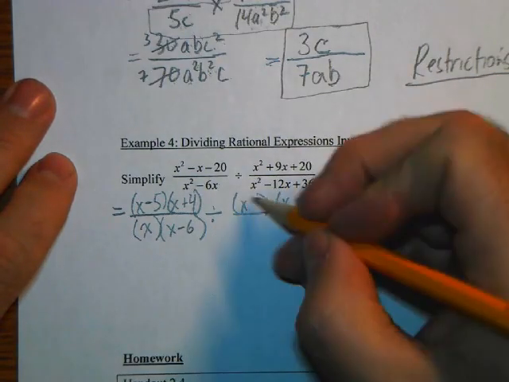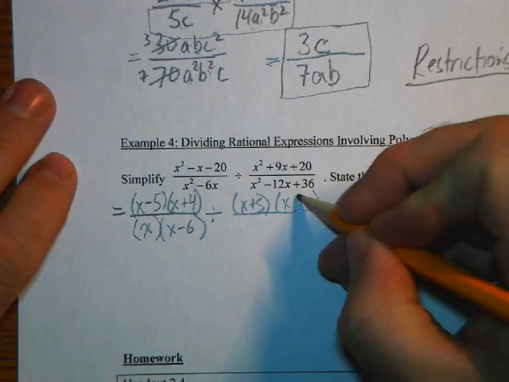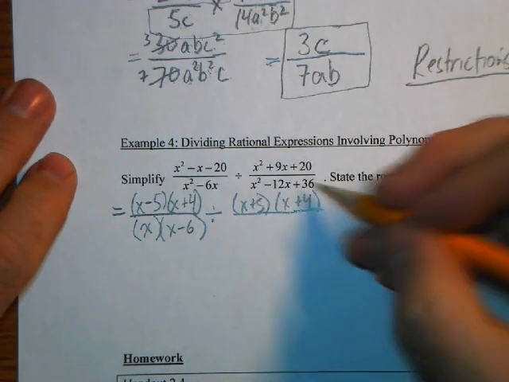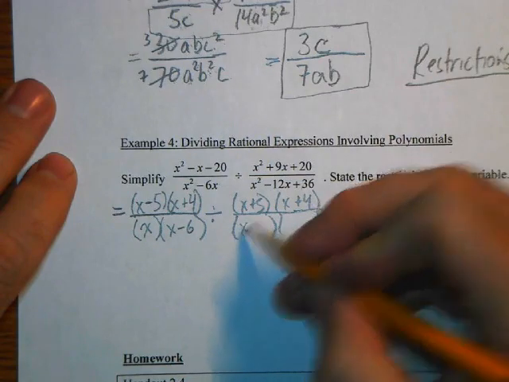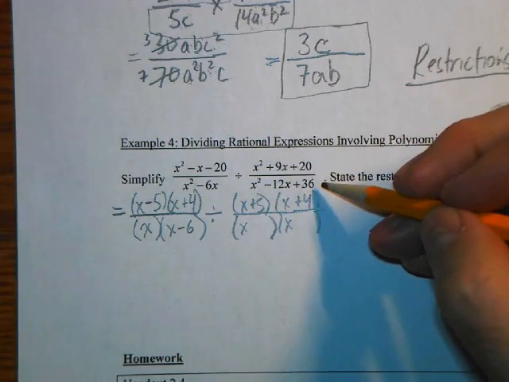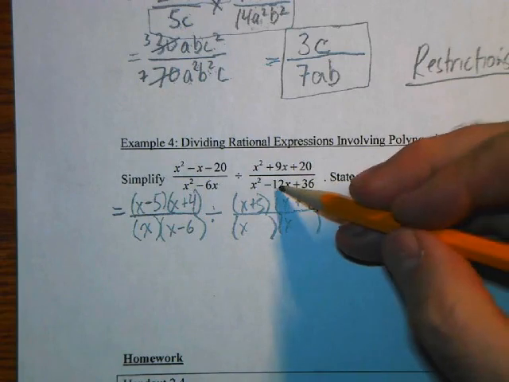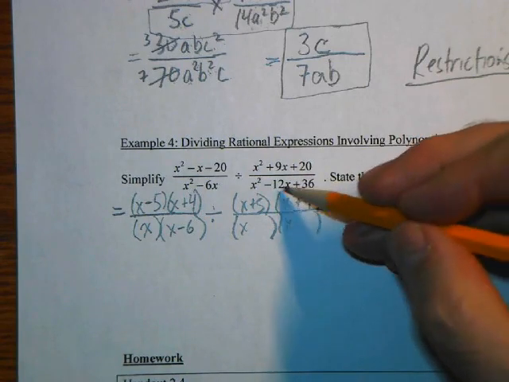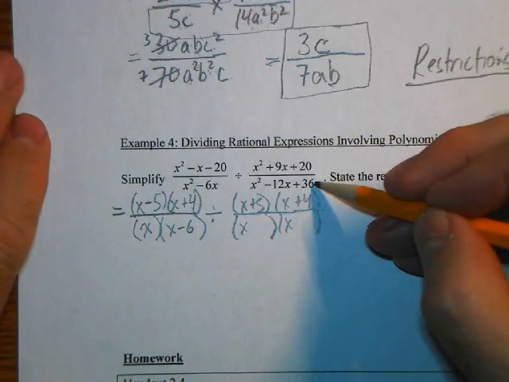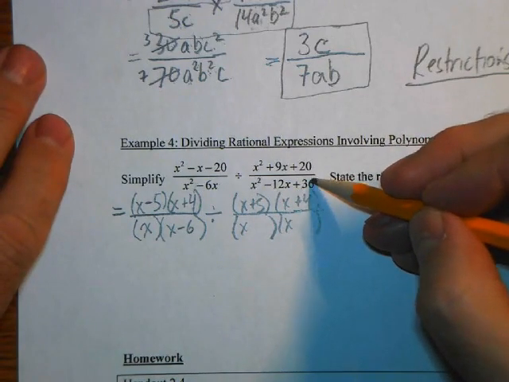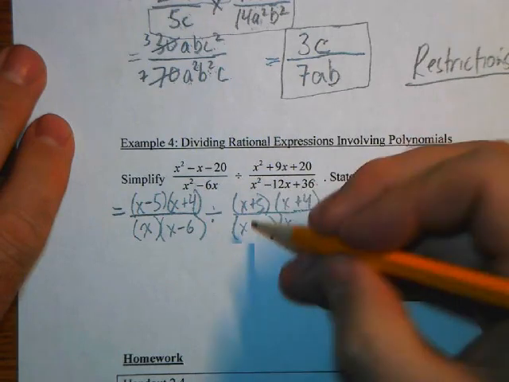Well, that's 5 and 4, both positive. And then on the bottom, I've got x first place, two numbers that multiply to positive 36, add to -12. That tells me both numbers are negative, and it's going to be -6. -6 times -6 is positive 36. When you add them together, you get -12.